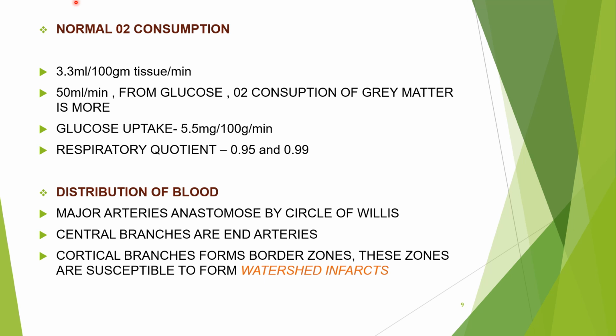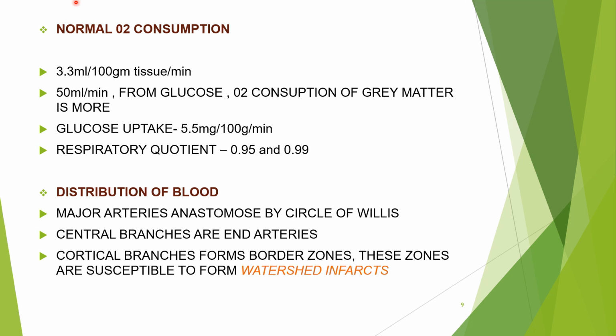Anterior watershed infarct results in inadequate perfusion of the border zone between the supply of the anterior and middle cerebral arteries. It is characterized by contralateral hemiparesis of the leg, some language defects and behavioral changes.